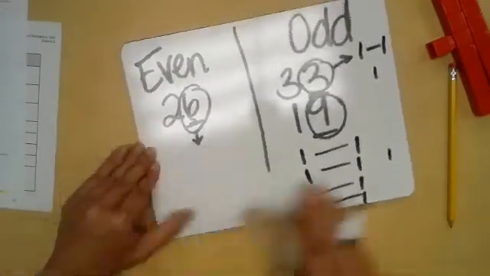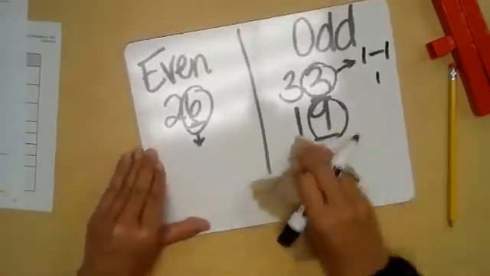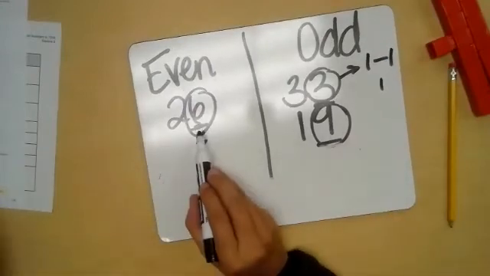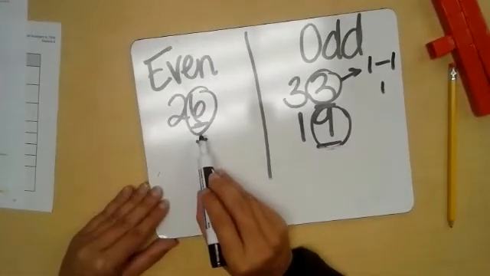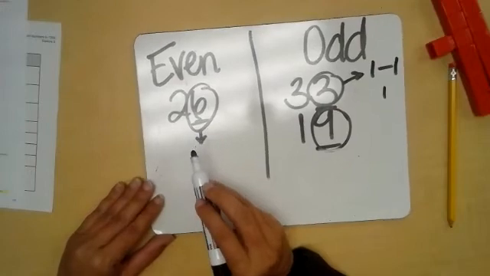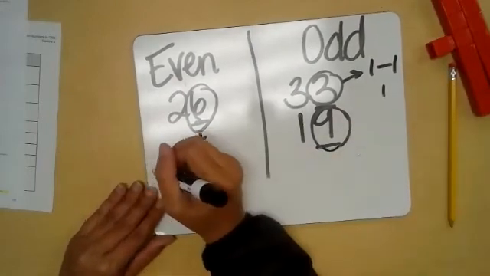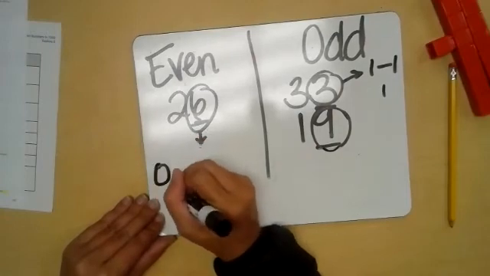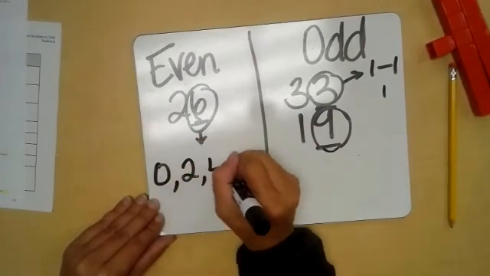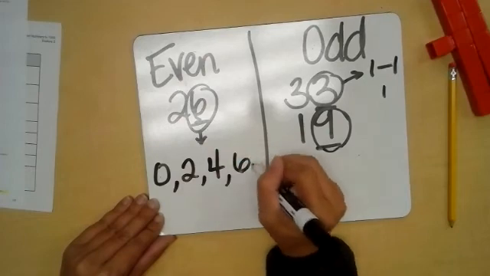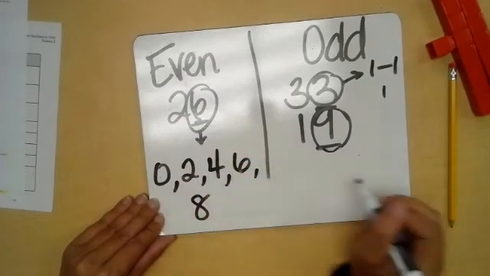When we are counting, guys, even or odd numbers, we're just looking at the ones place value. That's the only number that makes any kind of difference. We're gonna be looking for the numbers 0, 2, 4, 6, and 8.